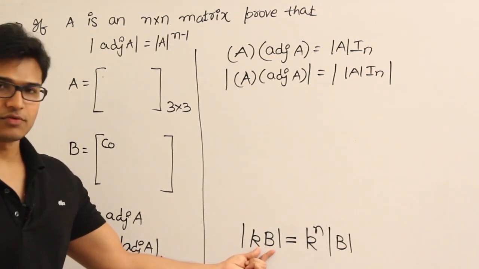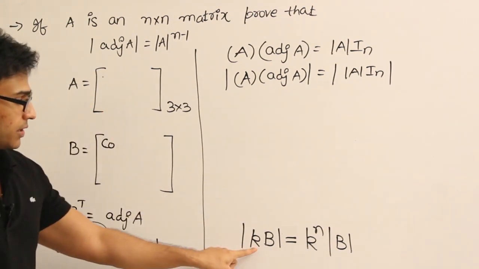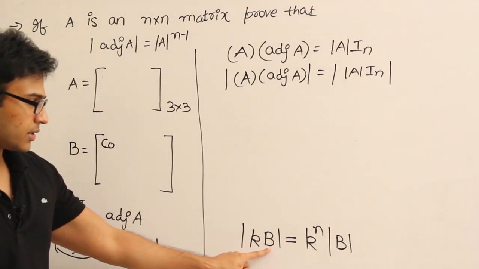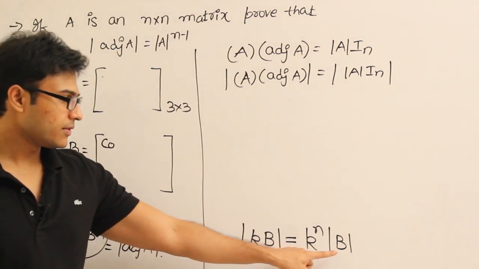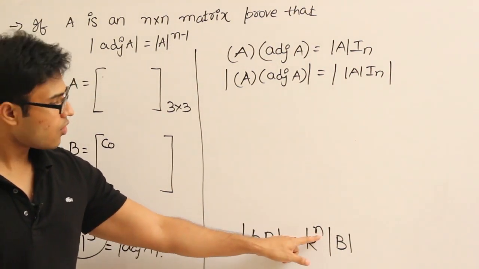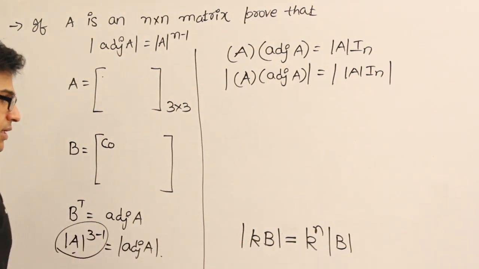I have shown this proof in the properties of determinant. Which means multiplying a matrix by a constant and then finding the determinant is equal to multiplying the determinant of the matrix by that constant power n. Why n? Because n is the order of B. B is an n by n matrix, right? I have already shown you the proof.